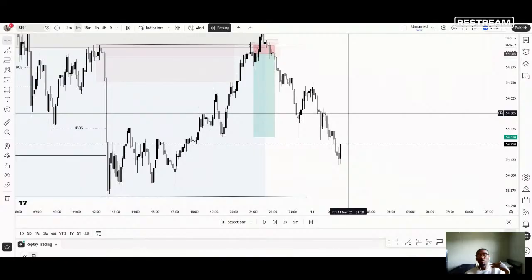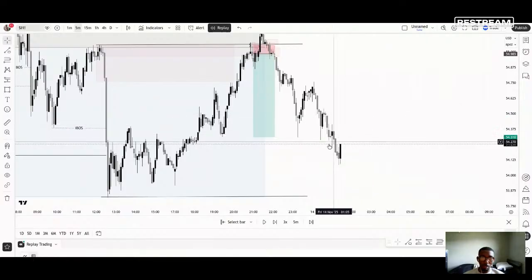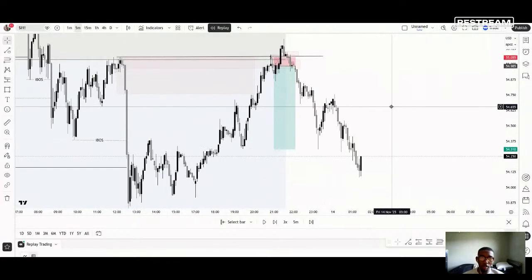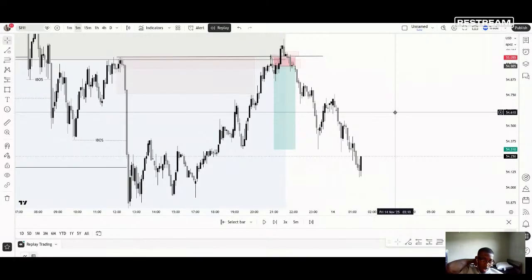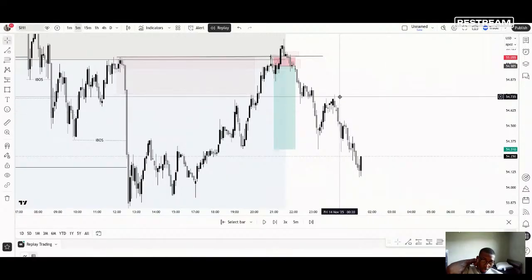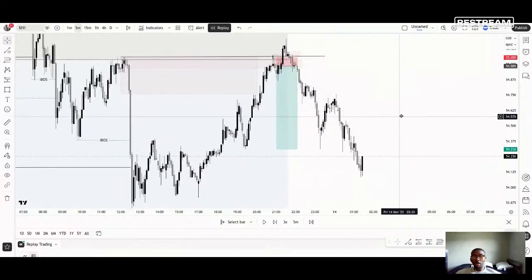I don't see myself as a retail trader. Why? Because I understand more things than a retail trader. Now I know I just entered like a retail trader, but for the most part, a retail trader is not catching a 1 to 19. You know what I'm saying? Like a retail trader is not right.